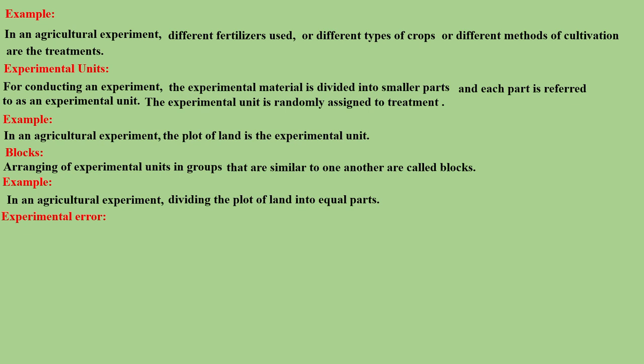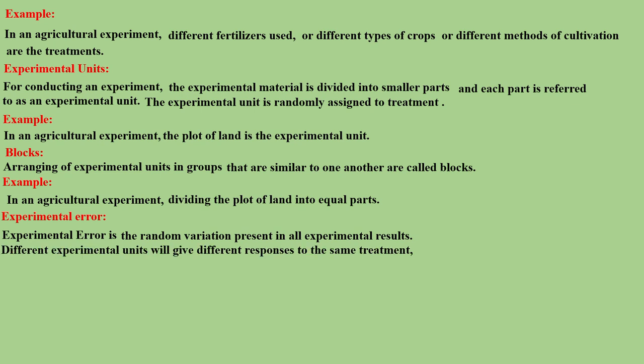Next, experimental error. Experimental error is the random variation present in all experimental results. Suppose you are using the same type of soil, there are 10 fields, and you give the same treatment to the 10 fields, but the yield is definitely different. That is called experimental error. Different experimental units will give different responses to the same treatment.